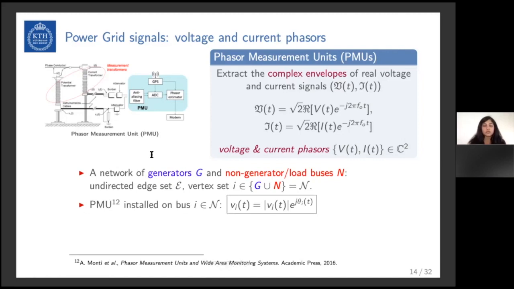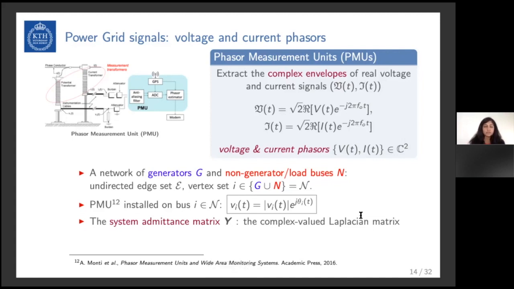And we assume, or one can think of, that these phasor measurement units, or PMUs, are installed on each of the nodes of this graph, or on each bus. And then they give us a complex valued measurement with a particular amplitude and phase.